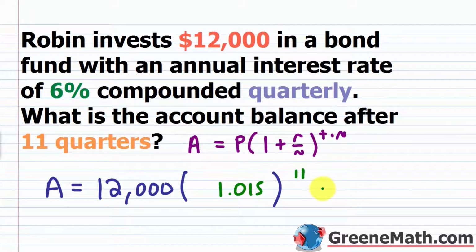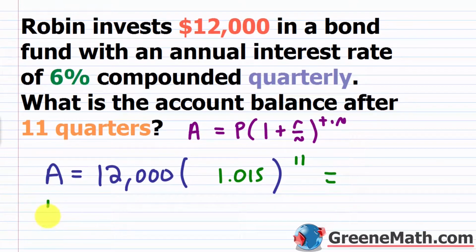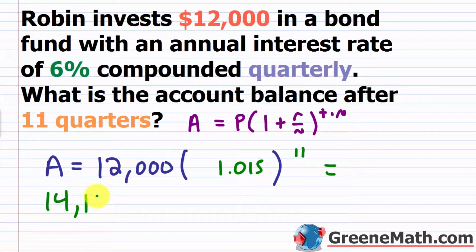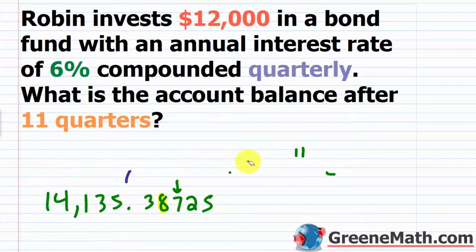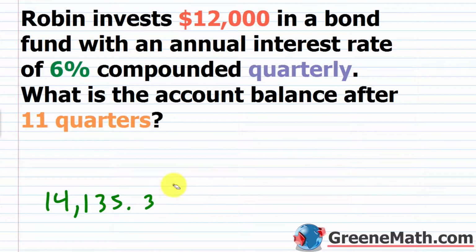So from this point, you could just raise this to the 11th power in your calculator and multiply that result by 12,000. You're going to get 14,135. Again, you get a long decimal, .38725. But we're going to go ahead and round this to the nearest hundredths. So I'm going to think about this guy, and since this guy is a 7, I'm going to round this to a 39 there. So I'm just going to erase all this and make this into a 9.